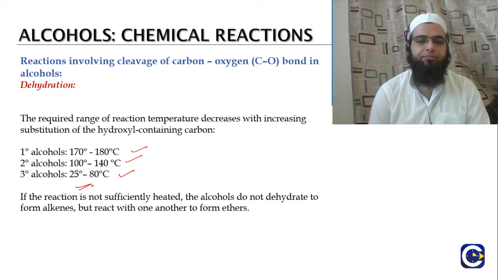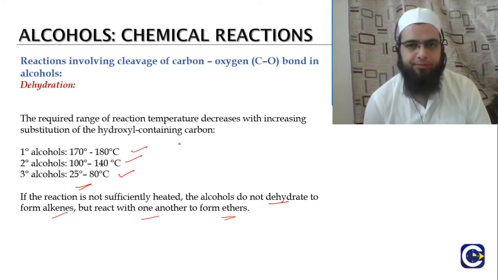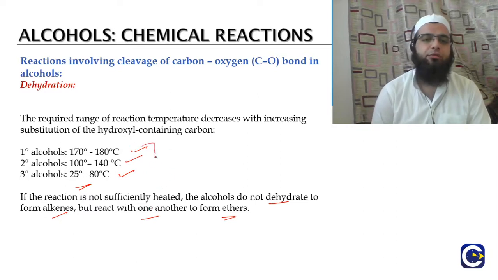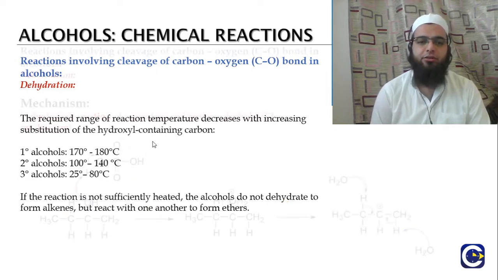If we are not heating the reaction sufficiently, there will be no dehydration and no formation of alkenes. Instead, alcohols will react with each other, and there will be the formation of ether. So temperature is very important for the dehydration reaction of alcohols.